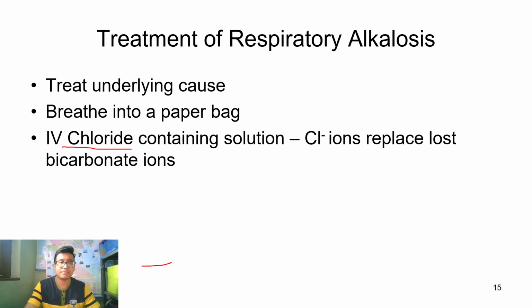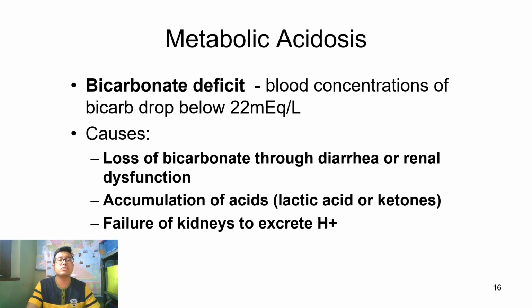Alright. Next, we move on to the next acid-base disorder, that is metabolic acidosis. Any metabolic disorder means we will have no relation with PCO2. The problem is with bicarbonate, because bicarbonate is the key factor that determines whether the disorder is metabolic or not.